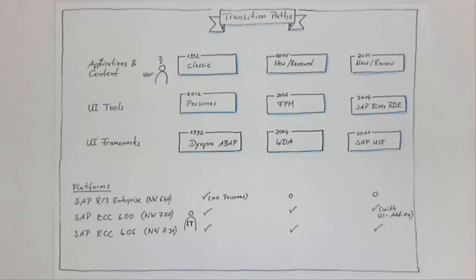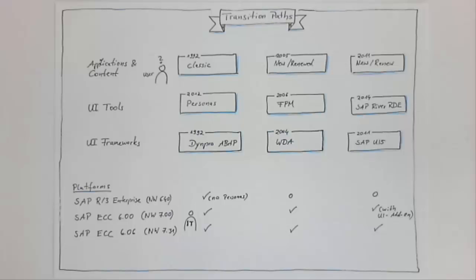Remember the three basic options we talked about in a previous video. You can adopt things from SAP, you can adapt things from SAP or things you have developed earlier yourself, and of course you can develop something new based on a modern environment.